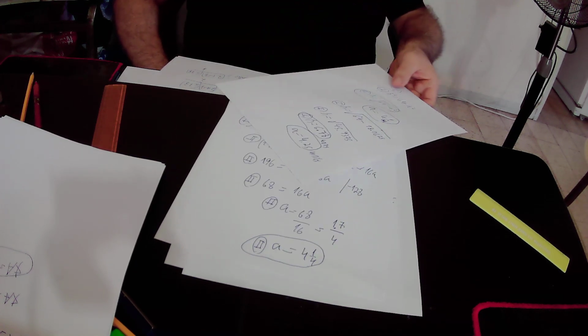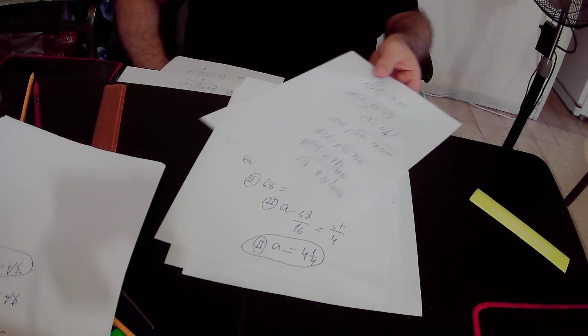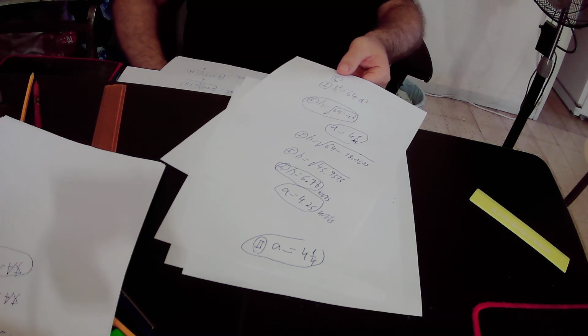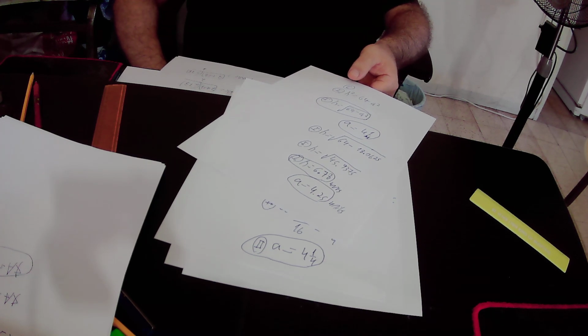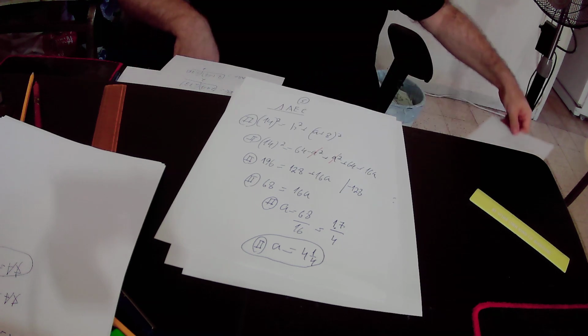Okay, and so we know that A equals 4.25 units and H, that is the height of triangle ABC, equals 6.78 units.